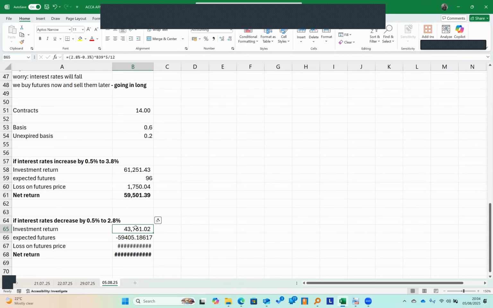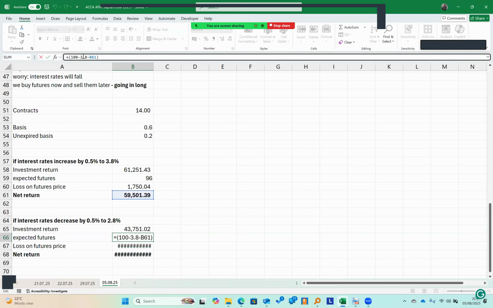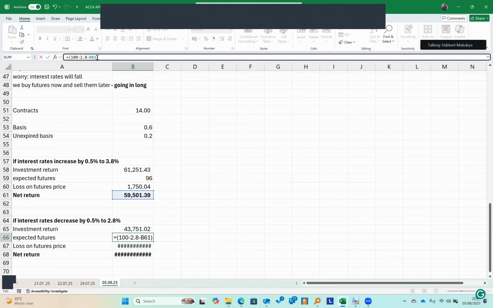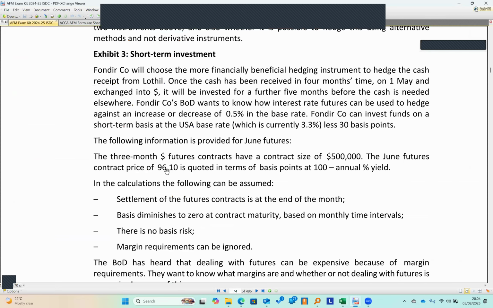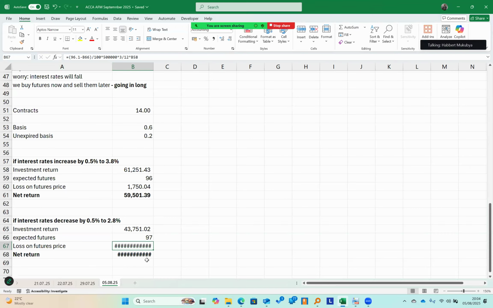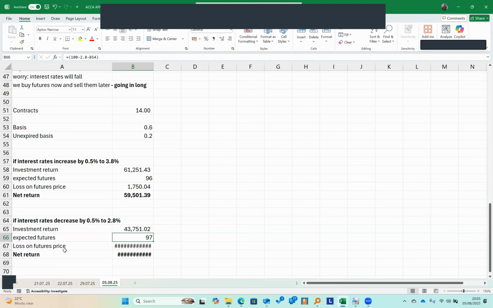Then, what about the expected futures? So remember, this was supposed to be minus now 2.8 minus the unexpired basis. So that becomes 97. So if we bought at 96.1, and now the price is 97, we are going to make a profit.